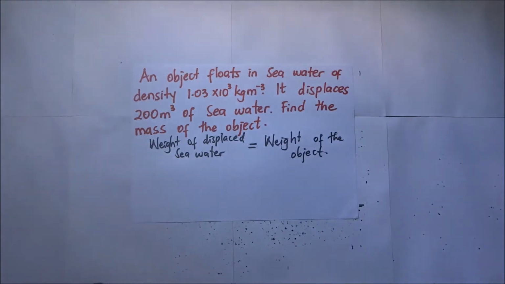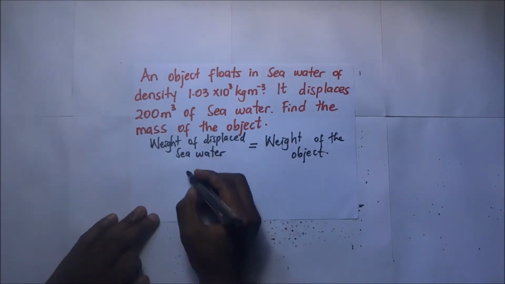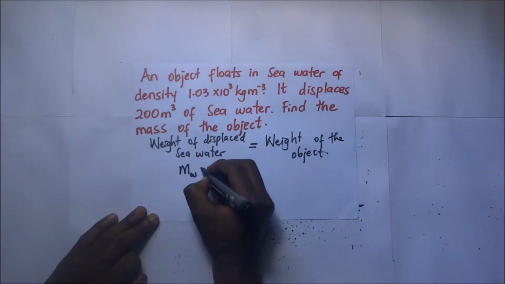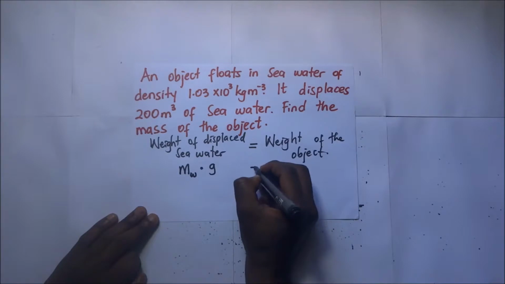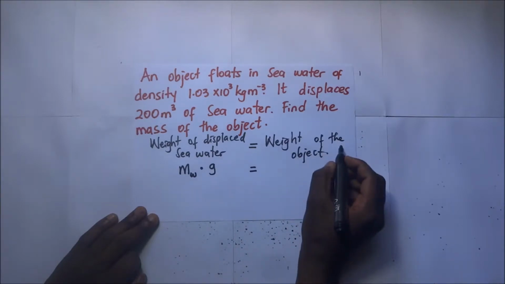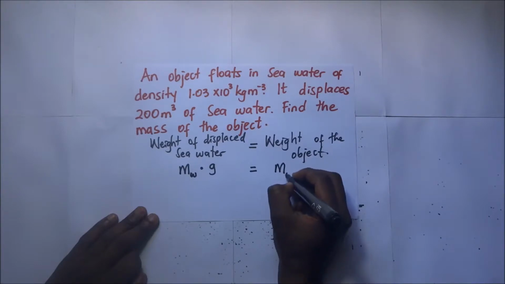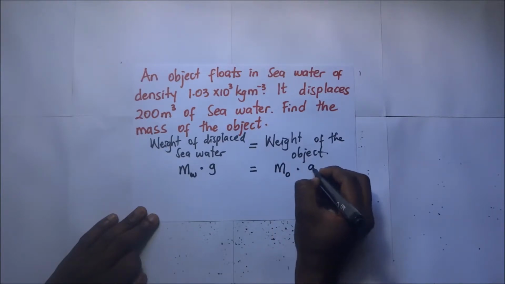So the weight of the displaced seawater is equivalent to the weight of the object that is actually floating. Of course, the weight of the displaced seawater is given by the mass of that displaced seawater, multiplied by gravity. That is going to be equal to the weight of the object, which is given by the mass of the object, multiplied by gravity.